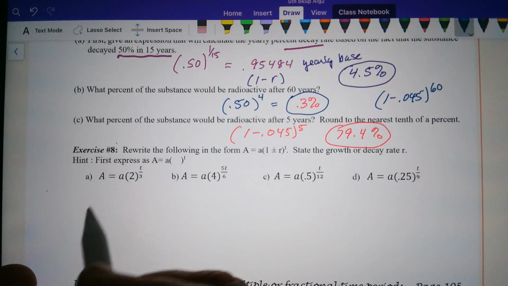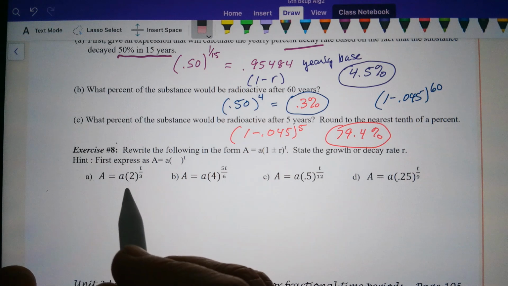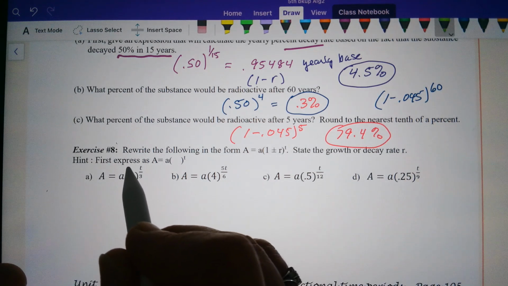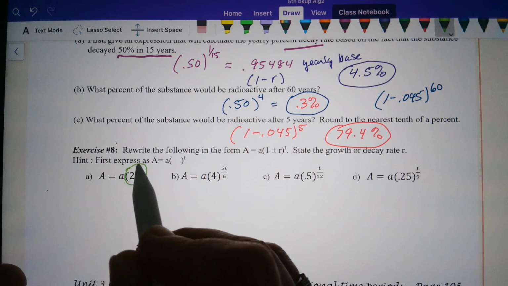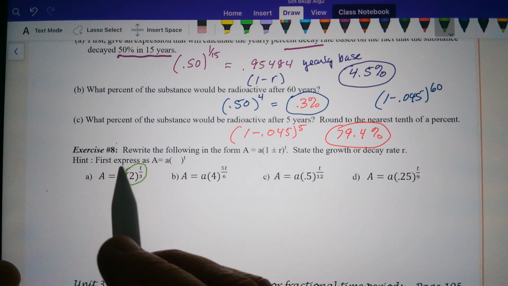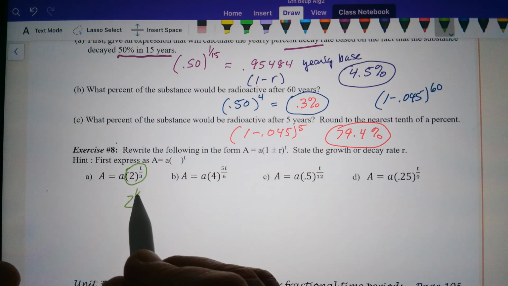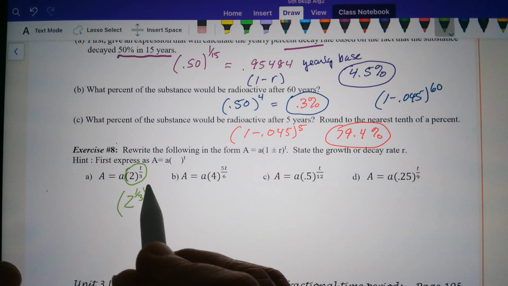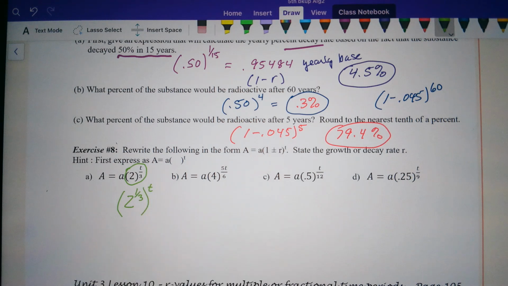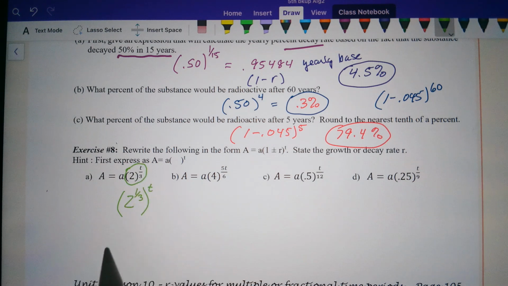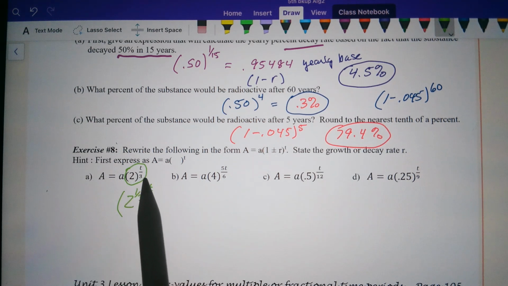So in number 8a, right now we have base 2 raised to the t divided by 3. We want to split this up. This would be 2 to the 1/3 raised to the power of t. Simply rewriting 2 to the t over 3 as 2 to the 1/3 raised to the t, because when you have a power to a power, you multiply the exponents.